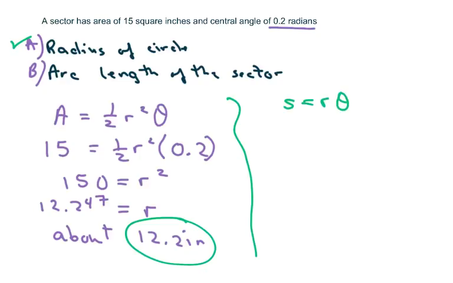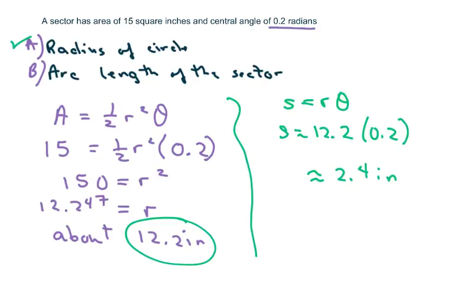Remember, our angle is in radians. So we have S is approximately 12.2 times 0.2 radians, which is approximately 2.4 inches.